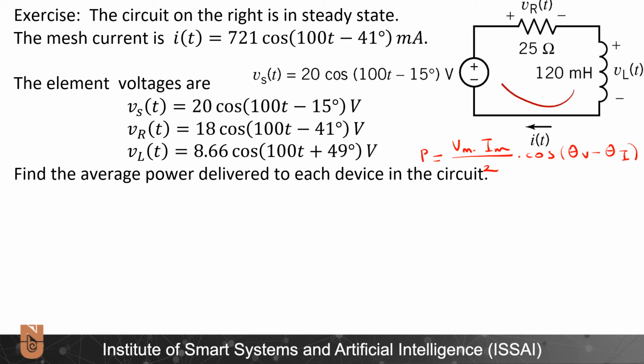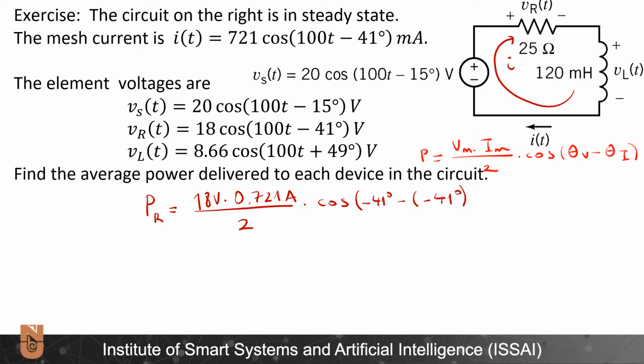On the other hand, the resistor adheres to the passive convention because the current is entering from the positive terminal. Therefore, the power delivered to the resistor will be equal to 18 volts times 0.721 divided by 2 times cosine of theta V minus 41 degrees, minus 41 degrees.